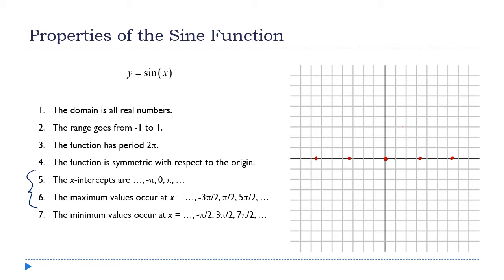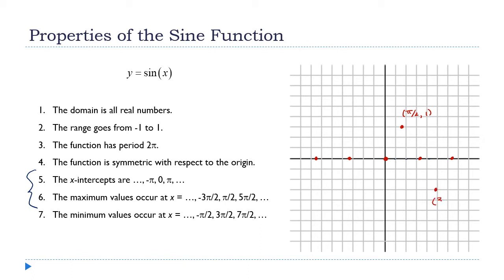And I'm going to make this point pi over 2 comma 1. So that's going to be my scale on the x-axis and the y-axis. Then I know that the minimum value occurs at 3 pi over 2. So that's in the middle of pi and 2 pi. Between those two, I'm going to go down to -1.